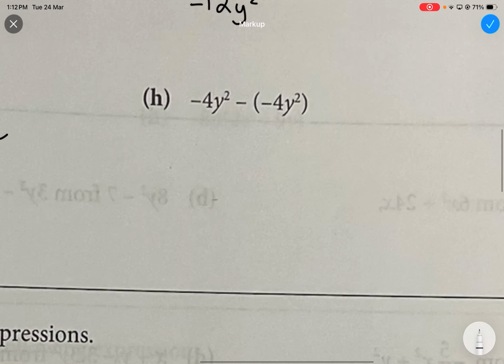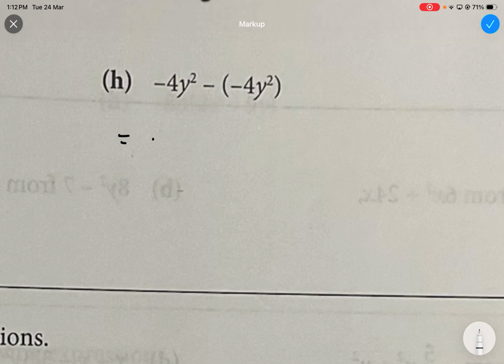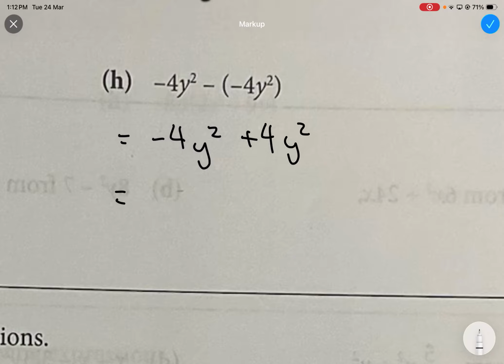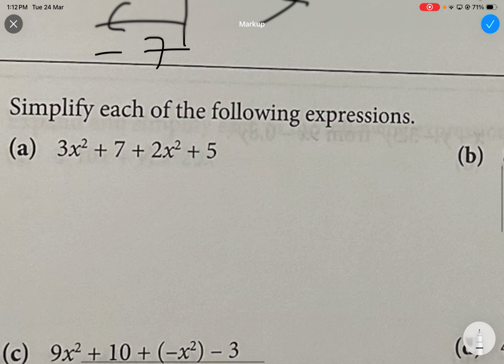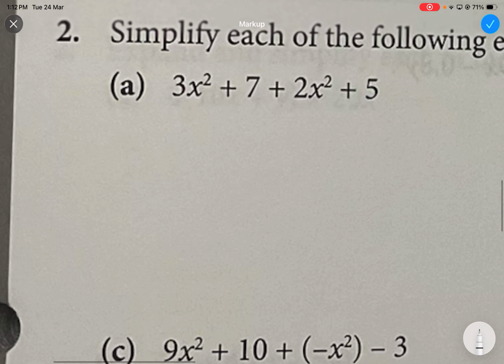Okay? 3x squared plus 2x squared, 5x squared. I am showing you when we have x, we add the x together, we add the number together. So now the difference is this is x squared, so I just put the like terms together, put the x squared terms together.